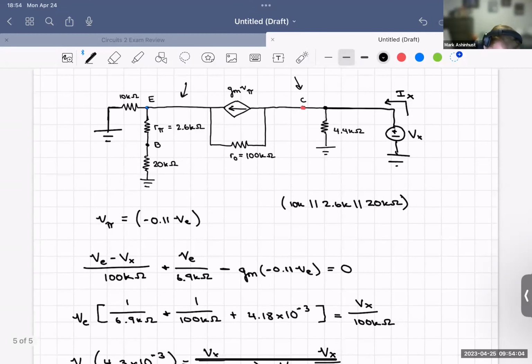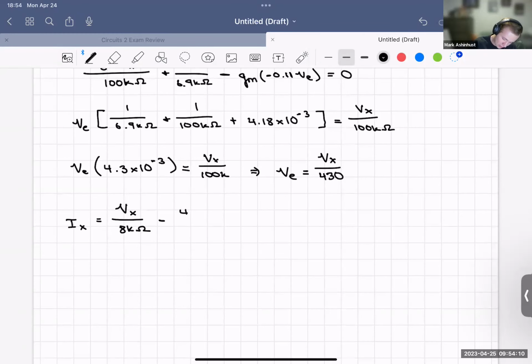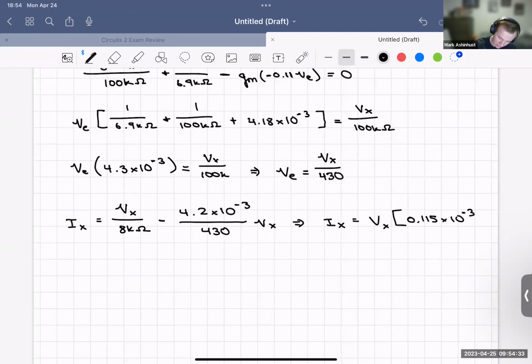We'll go back up here. We have Vx over 8K, and we have minus 4.2 times 10 to the negative 3 over 430 Vx. And we can just solve for Ix is equal to Vx times 0.115 times 10 to the negative 3.